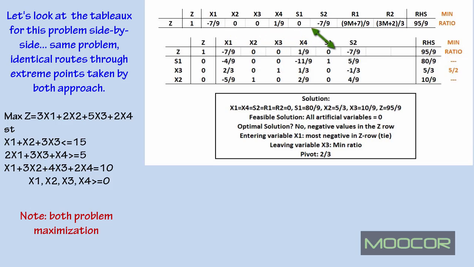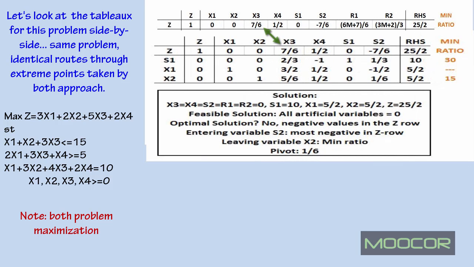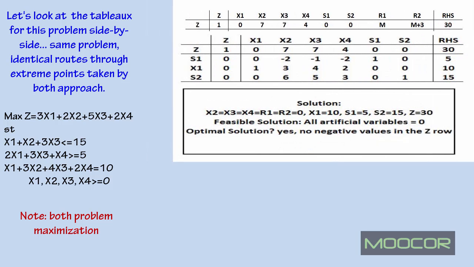In phase 1, however, the coefficients of M in the big M method tableaus are the same as the entries at the z prime row, except with a difference in the sign, because one is a maximization problem and the other one is a minimization problem.